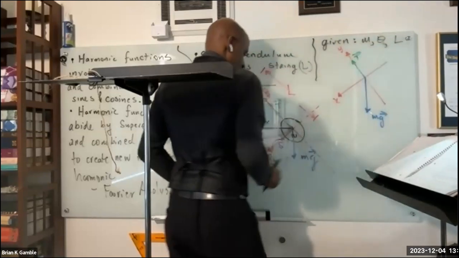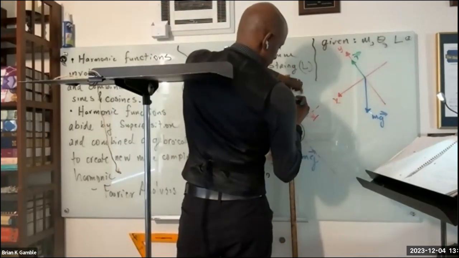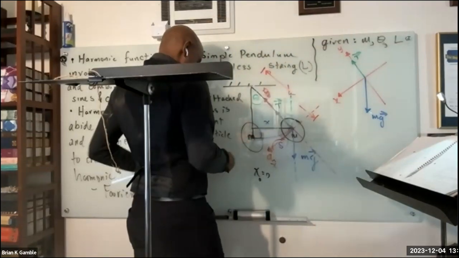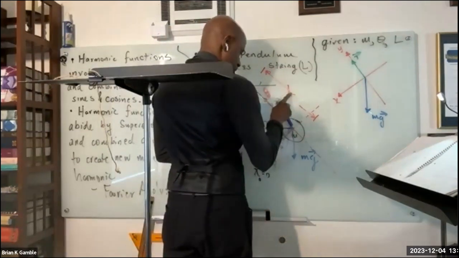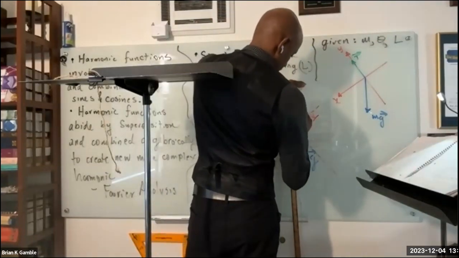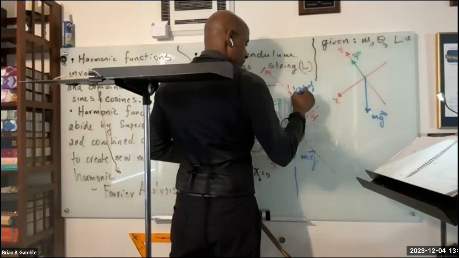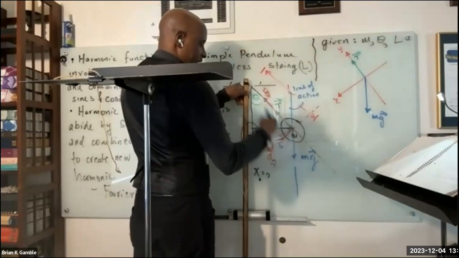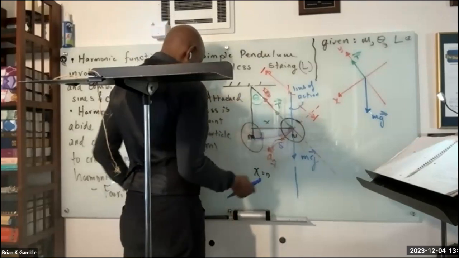Now notice that if I make a line of action with gravity, and a line of action is just a line that extends that force, then geometric principles tell you that I've got two parallel lines bisected by the line that is the line of action of tension, which means if this is theta, alternate interior angles are the same.